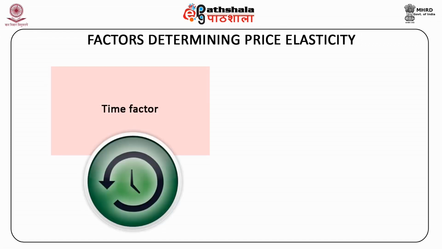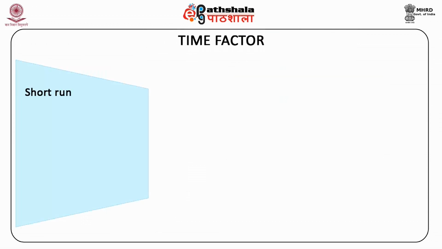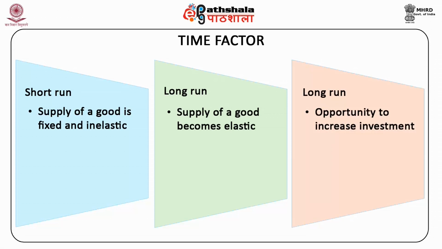Time factor, 2. Law of diminishing returns. In a short period, the supply of a good is fixed and inelastic. However, in the long run, it tends to be elastic because the long run provides opportunities to the suppliers to increase their production, investment, technology, and so on.